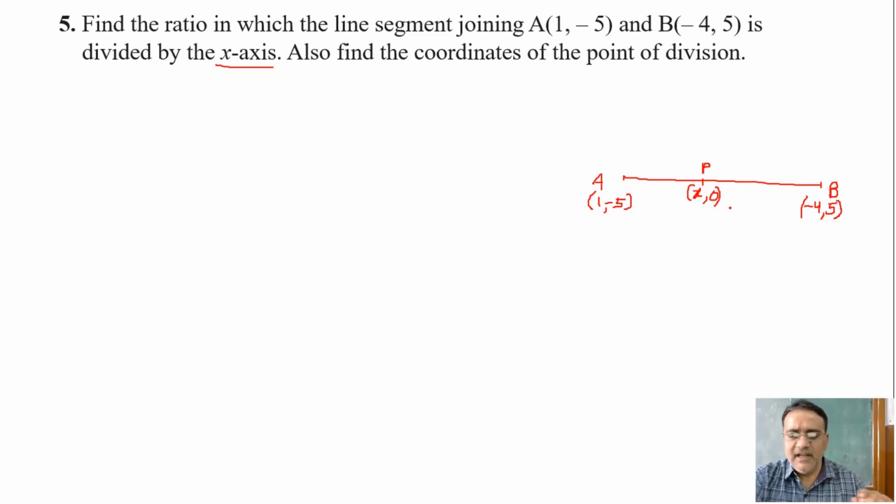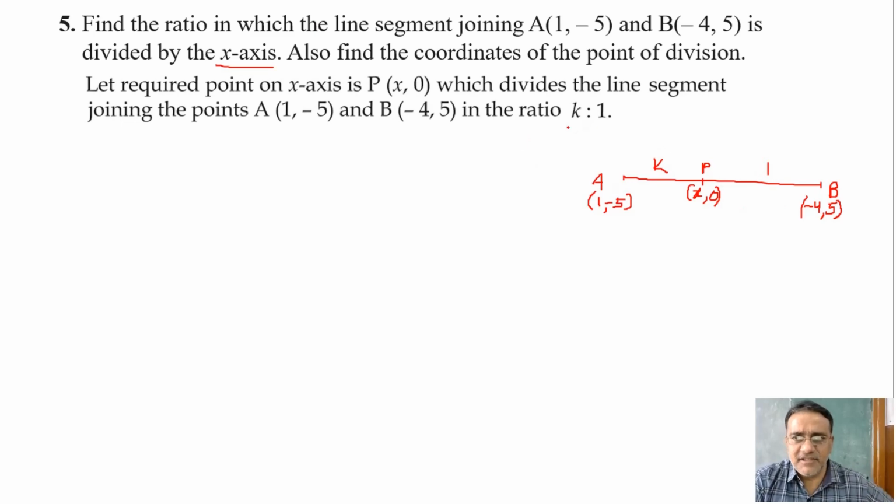So in that case the point will be in the form of 0, y. Okay, fine. Now again here we have to find the ratio, so we are going to take k is to 1. Okay, so this is the first part. Now the value of x1 is 1, y1 is minus 5, x2 is minus 4, y2 is 5, and m1 is k and m2 is 1.